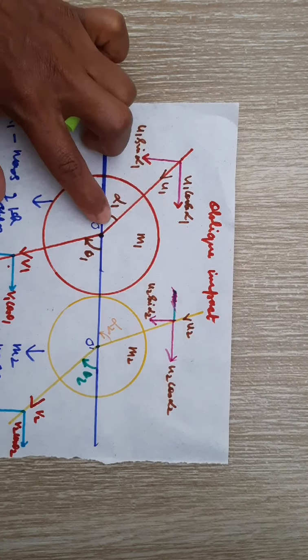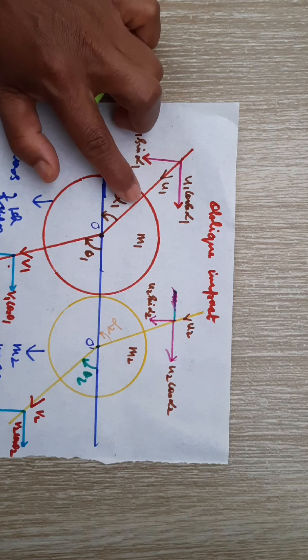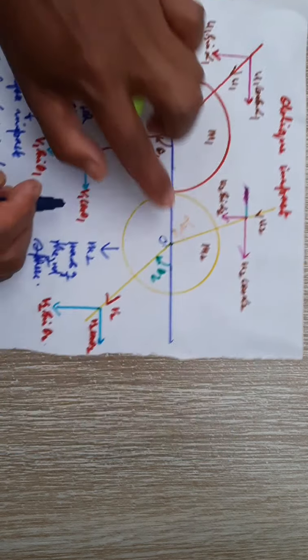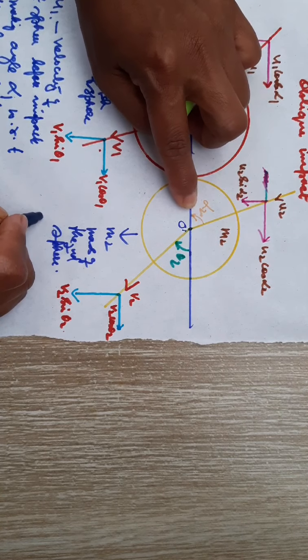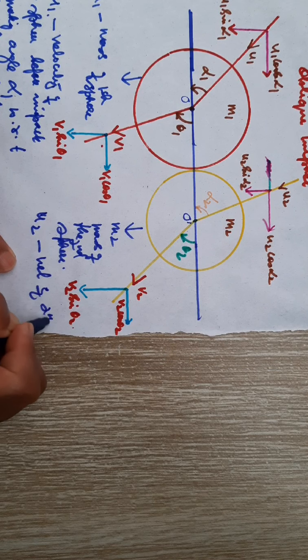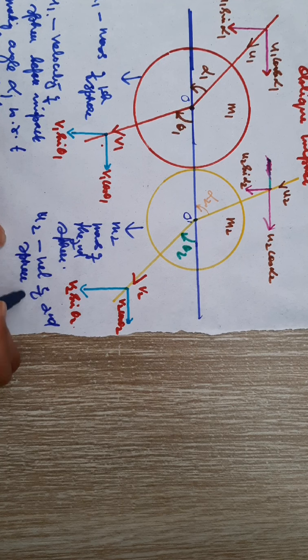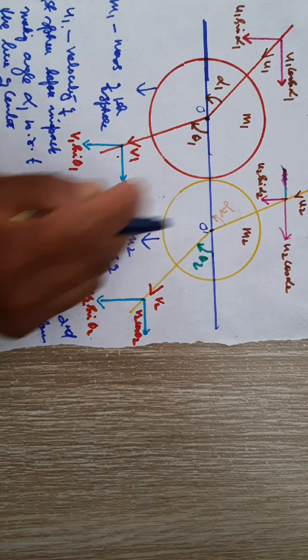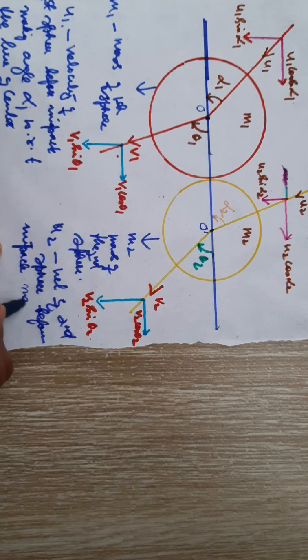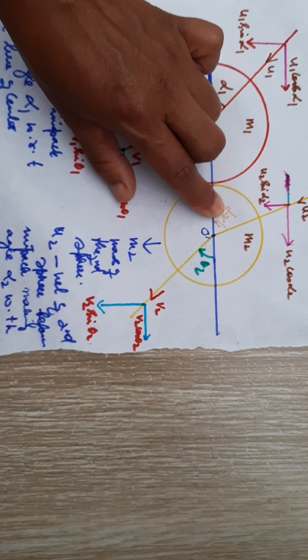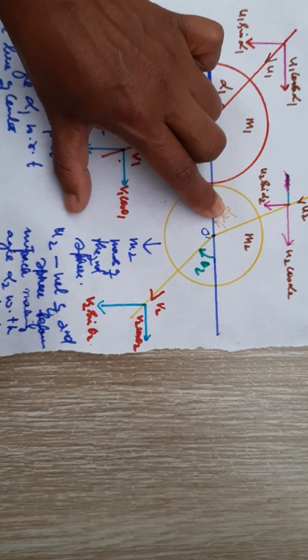That means this is the direction of the velocity before impact for the first sphere, whose angle with respect to the line of centers is alpha 1. Let u2 be the velocity of the second sphere, also before impact, making an angle alpha 2 with the line of centers.